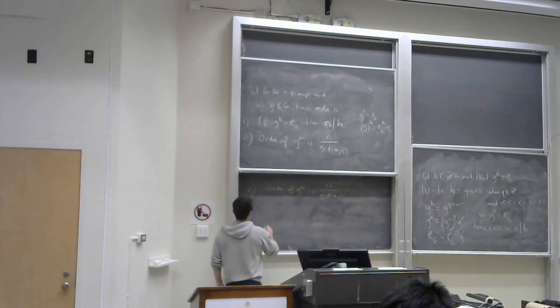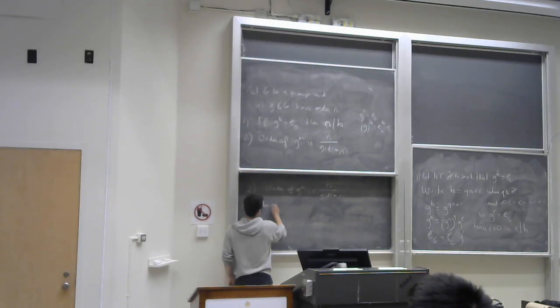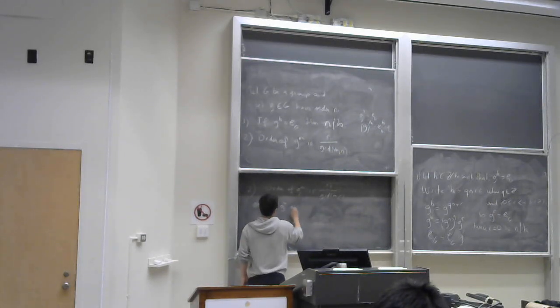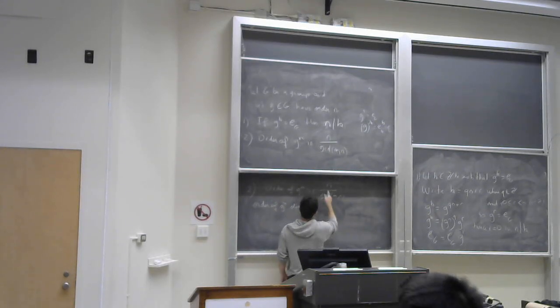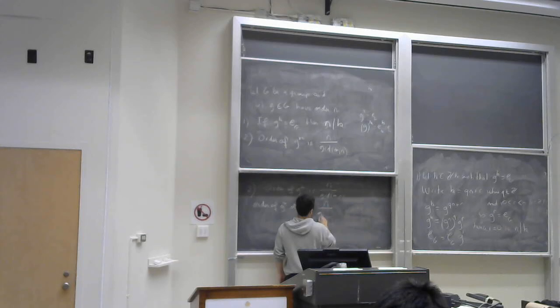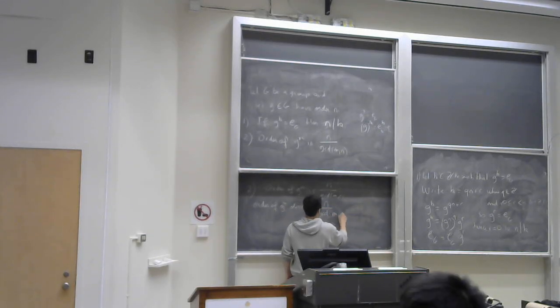First of all, the order of g to the m divides n over GCD(m, n). Why is that?